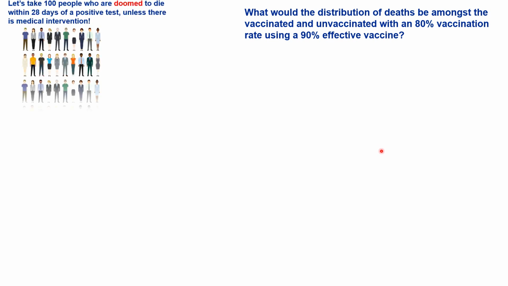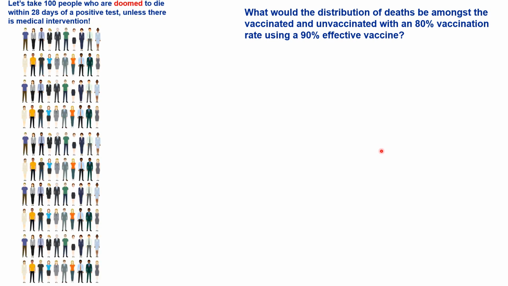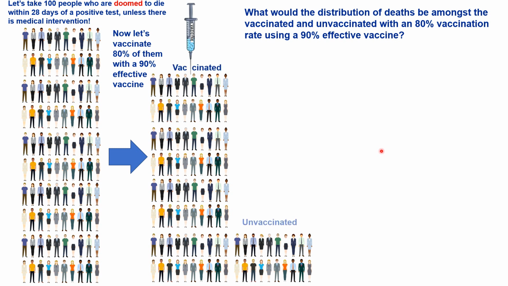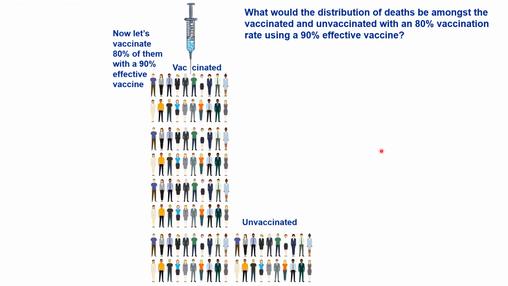So let's take 100 people who are doomed to die within 28 days of a positive test unless there is some medical intervention. Now let's vaccinate 80% of them with a 90% effective vaccine. So here's our 80, that's 80% people, and here's our 20 unvaccinated. So these are protected and these aren't.